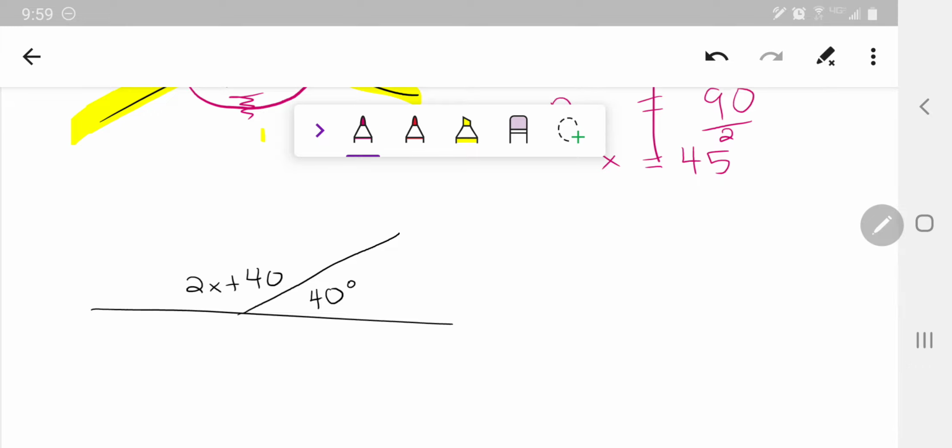All right, this is a situation where we have one angle, and then we have another angle, okay?